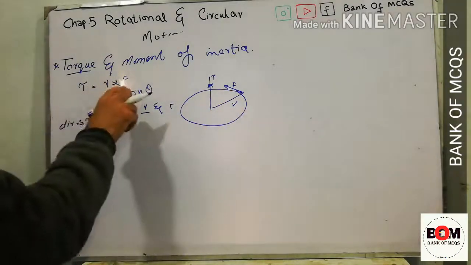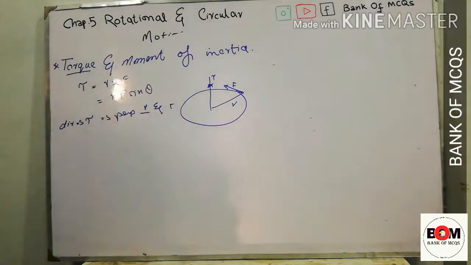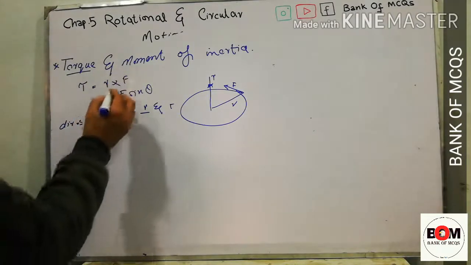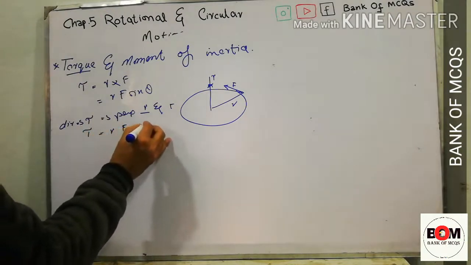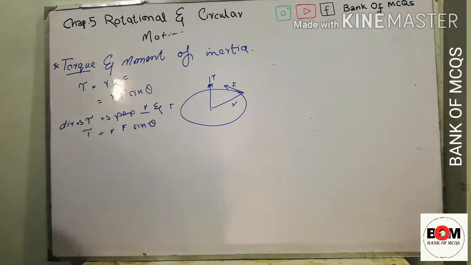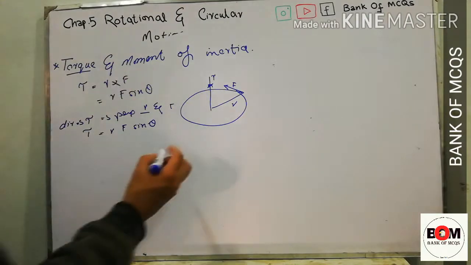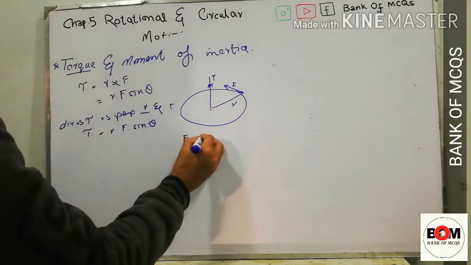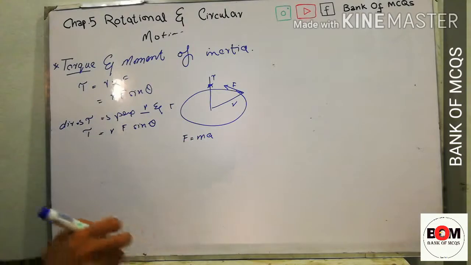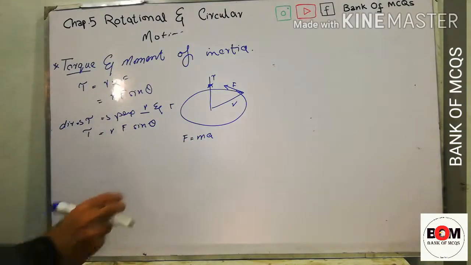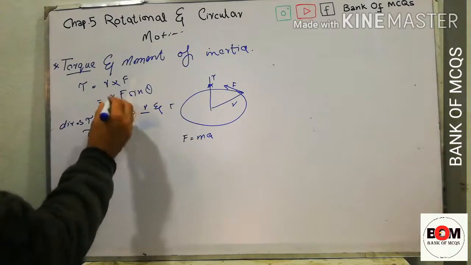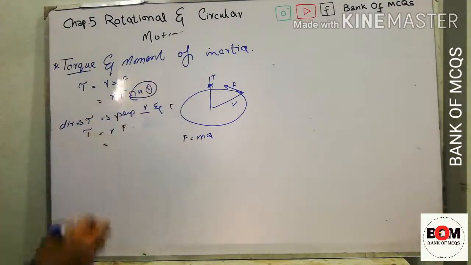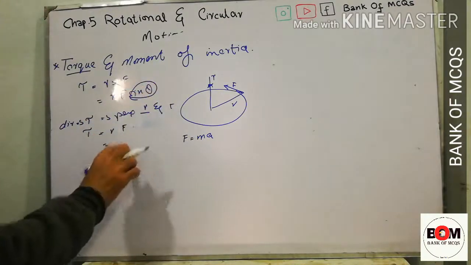So torque is equal to rf sin theta. Also we know that f is equal to ma. If r and f are perpendicular to each other, sin 90 is equal to 1, so we put torque is equal to rf.